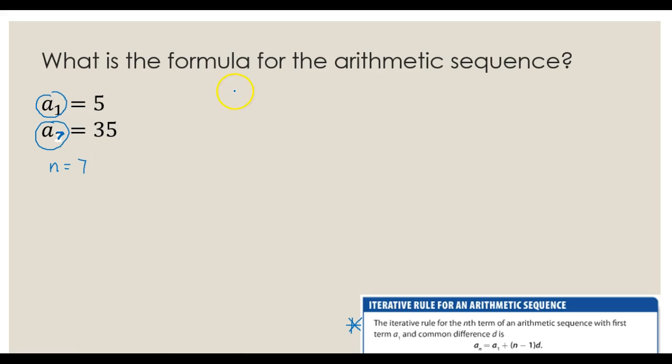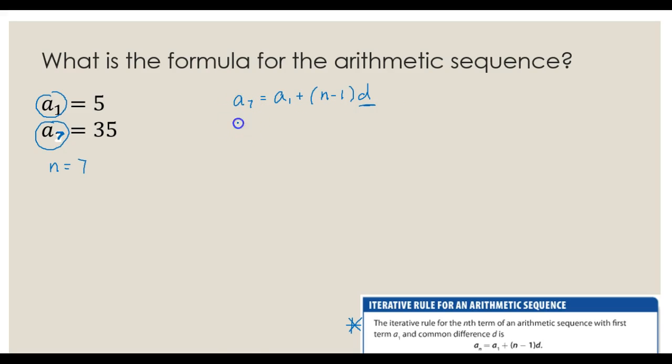So a7 equals a1 plus n minus 1 times d, and notice that I'll have something to put in each of those spots except for the d spot. So we'll need to solve for d.